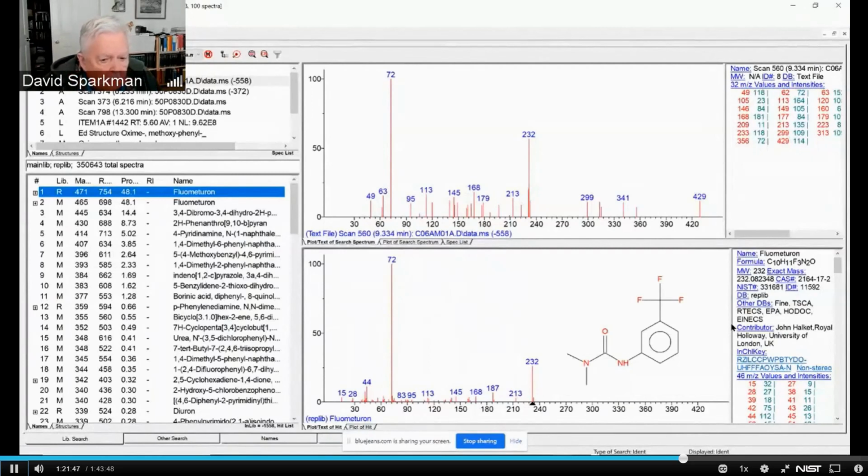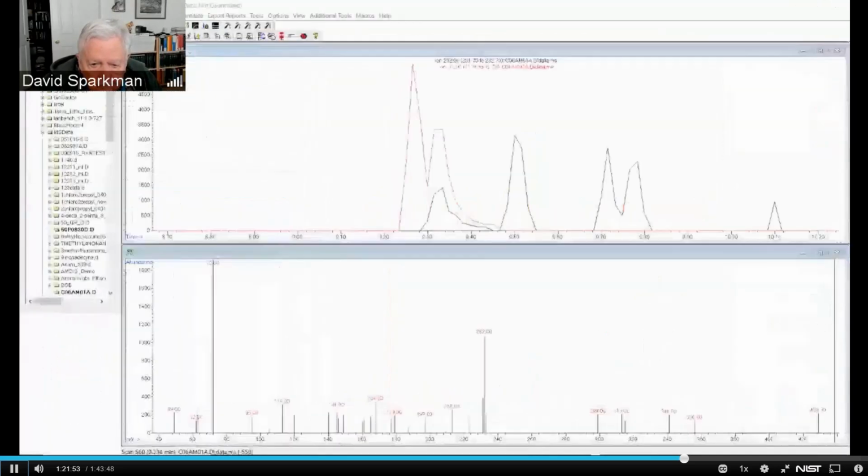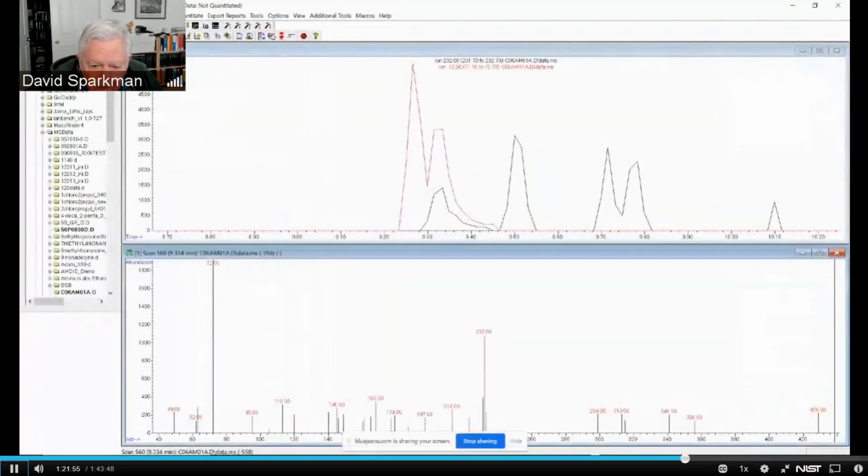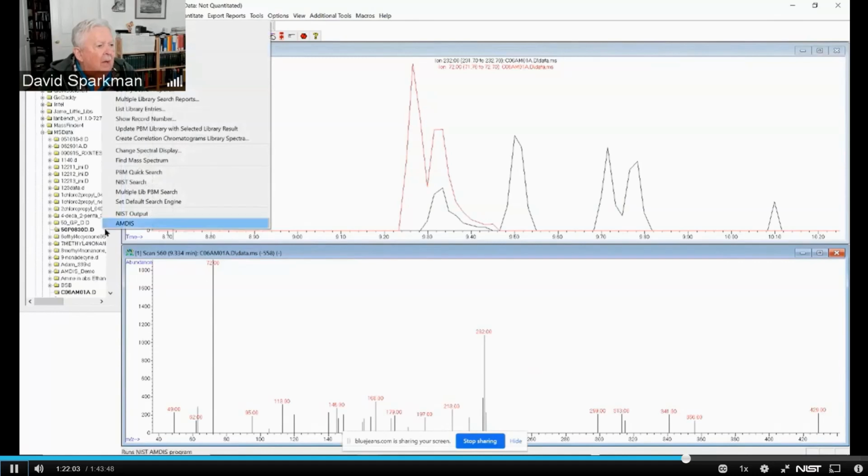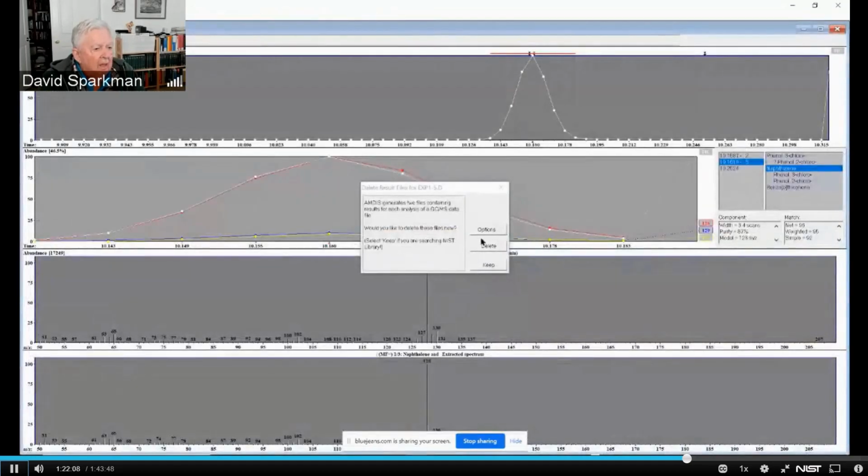So I'm going to go back to this, and I'm going to take the spectrum or the data file, and I'm going to send it to AMDIS. Okay.